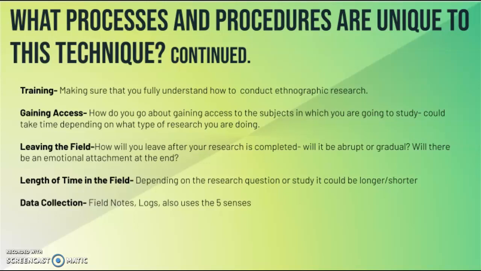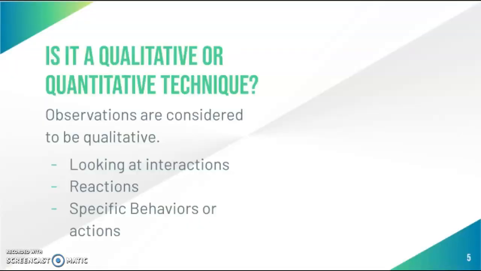The length of time in the field could be longer or shorter, depending on the research question or study that you're doing. Some different ways for data collection through observation would be field notes, logs, and using the 5 senses. Observations are considered qualitative because they're looking at interactions, reactions, and specific behaviors or actions.